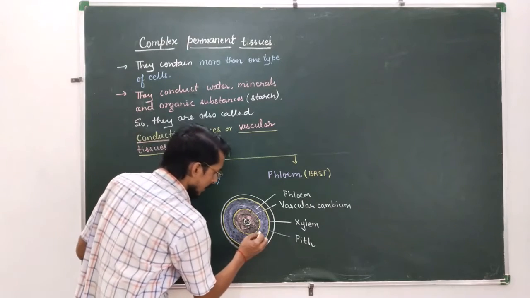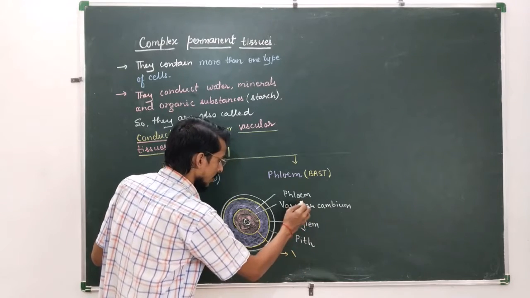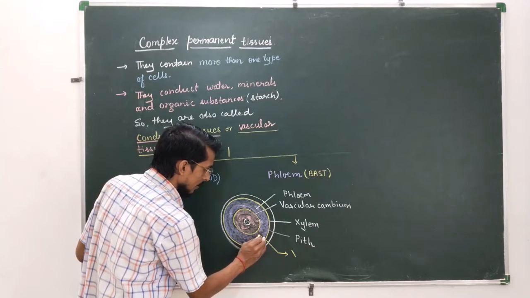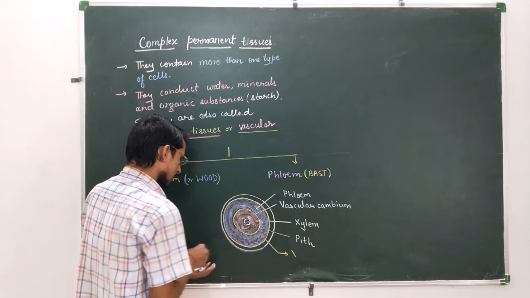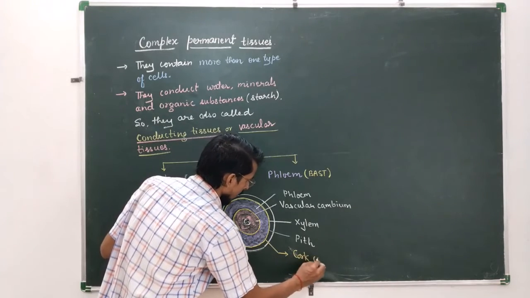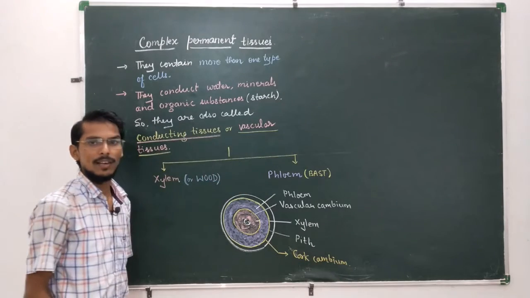I will mention it here. I have mentioned it here already, vascular cambium. So let us write about it. This layer is cork cambium, and you know very well what is cork.